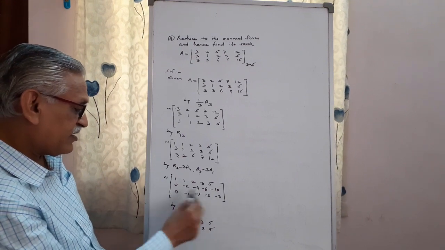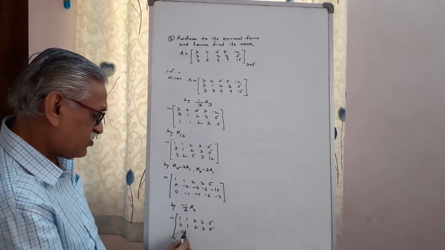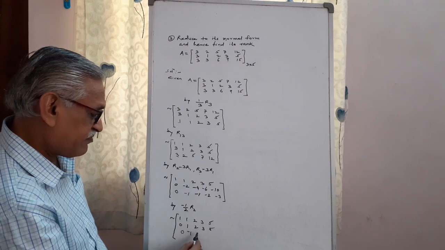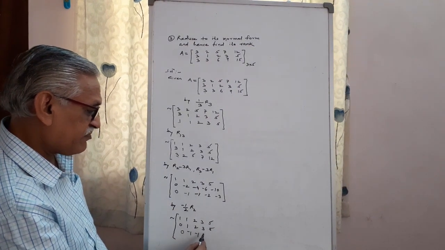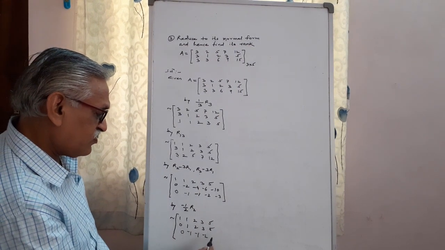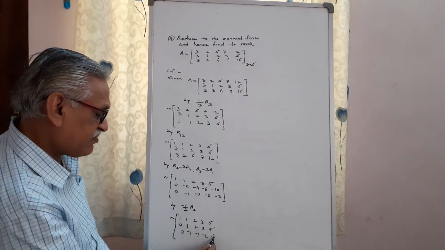Okay. Then the third row no change, 0, minus 1, minus 1, minus 2 and minus 3.